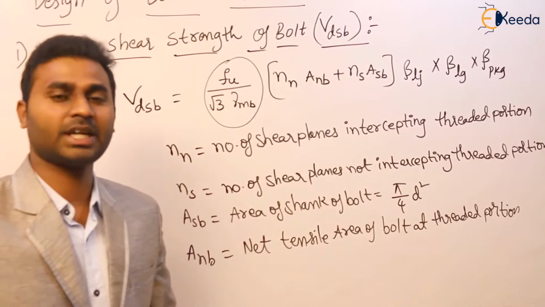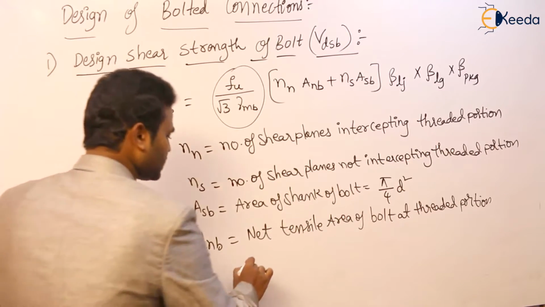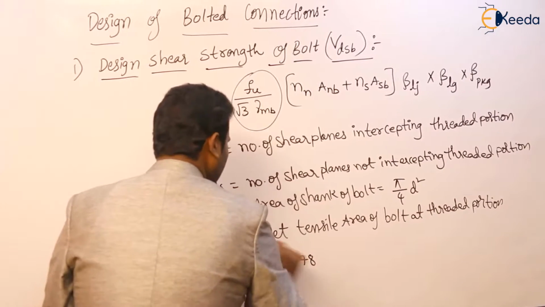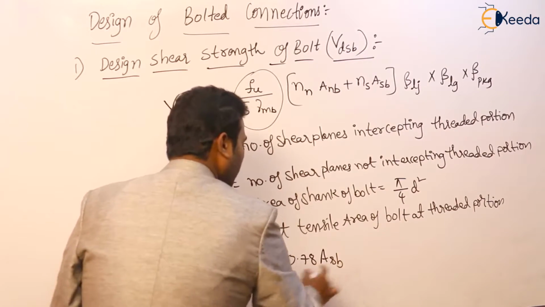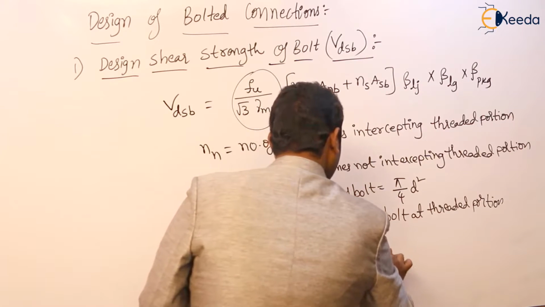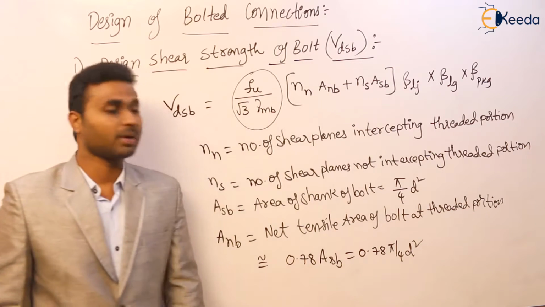Yes or no? So that is A and B. The code suggests we take this area as 0.78 of ASB, that means 0.78 of pi by 4 d square.